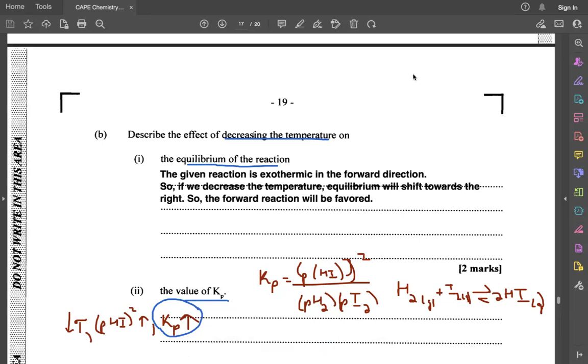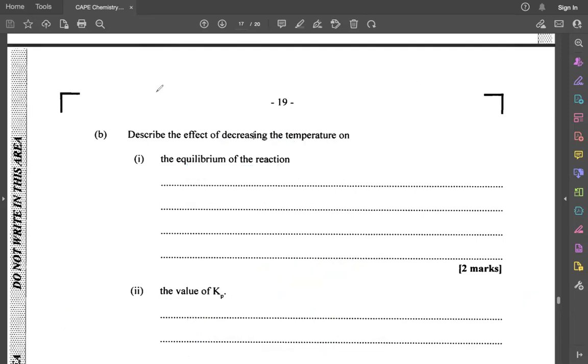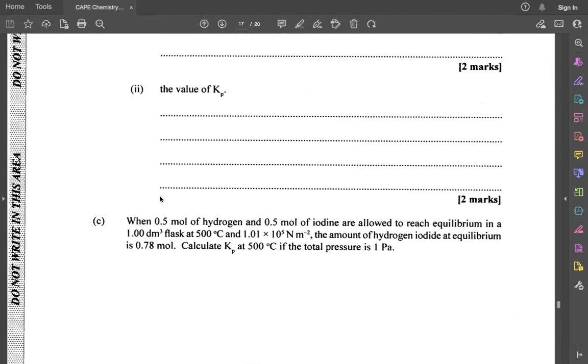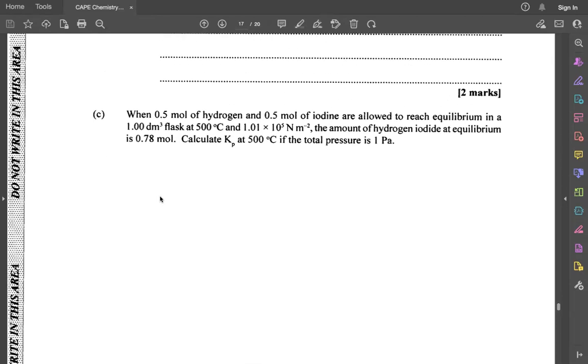So I'm going to clear this and scroll down. Okay, so now we're at our calculation.